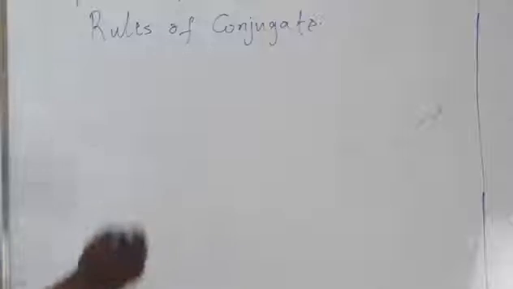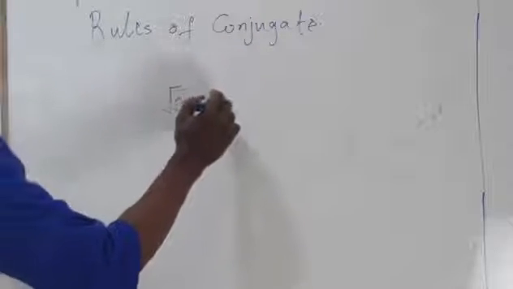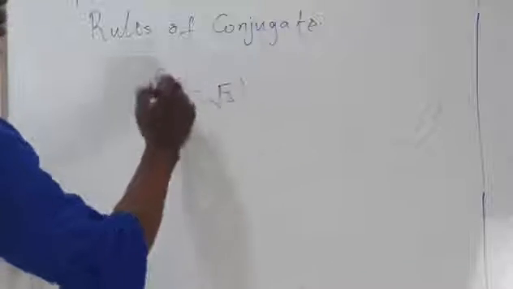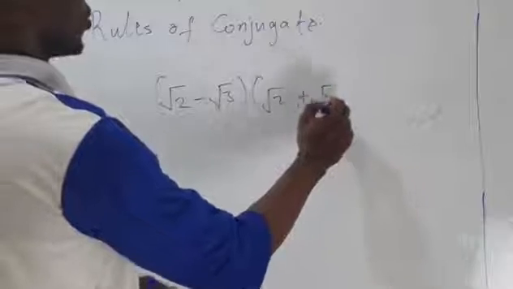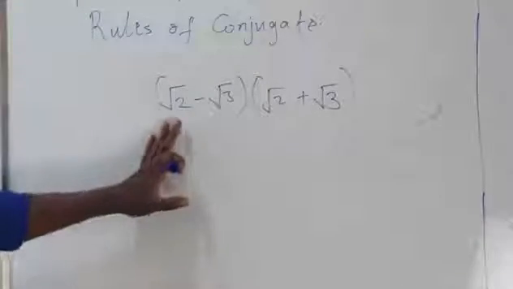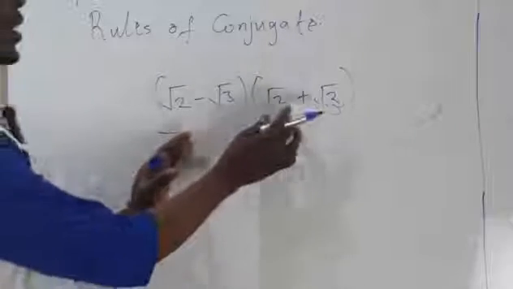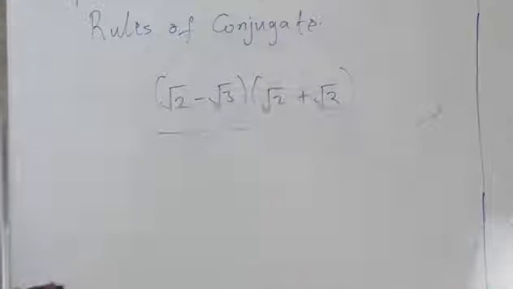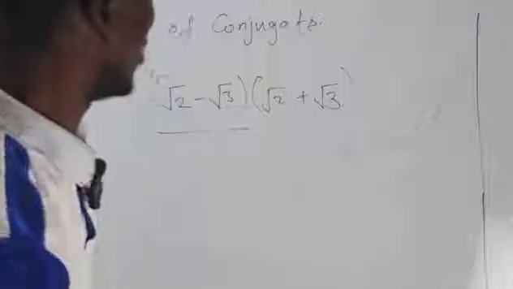Let's take for instance, if we have root 2 minus root 3 multiplied by root 2 plus root 3. In this question, the surd given is this, while its conjugate is root 2 plus root 3. But we are going to explain this further under the rules of conjugate.